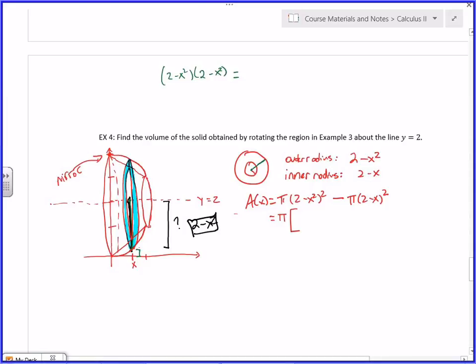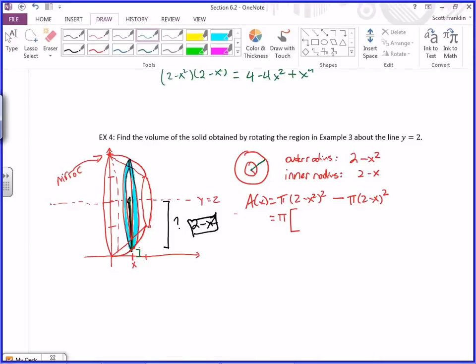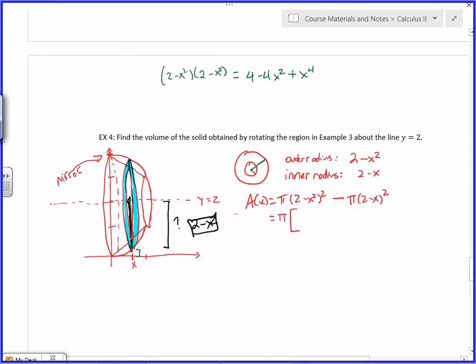Minus 2x squared plus 4 minus 4x. 4 minus 4x squared plus x to the 4th. Yes? Okay. And then I took the next step of combining the x squared. So now I have 4 minus 4x squared plus x to the 4th. There we go. And then I pulled the pi out.